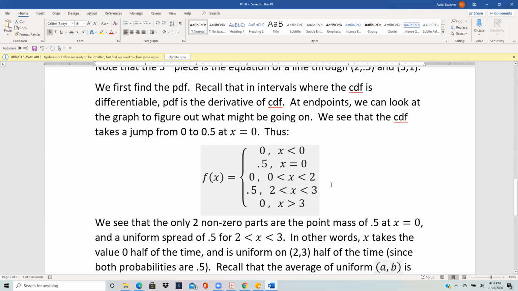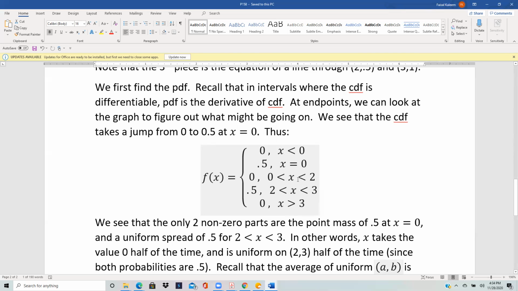And again, note that this derivative taking business only tells us what's happening in the corresponding open interval. See, that's why I haven't written down what's happening at x equal to 2. And we don't have to worry about that. In fact, there you could see that it's not differentiable, but the way we pick it up at the endpoints is by looking at what's going on.